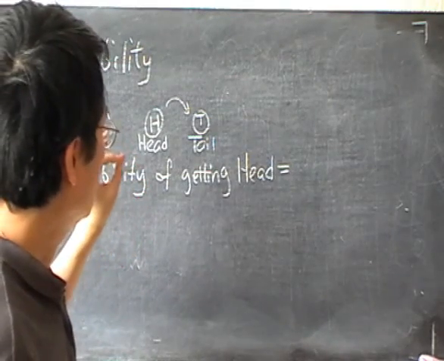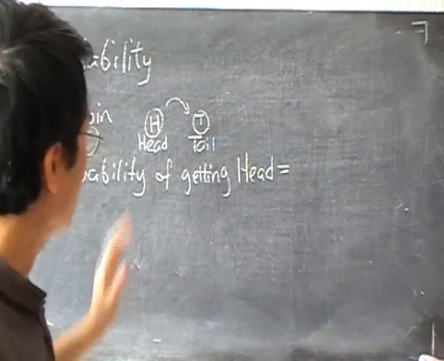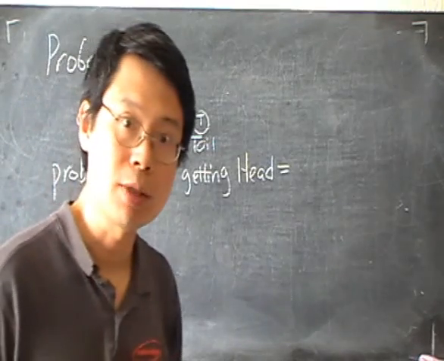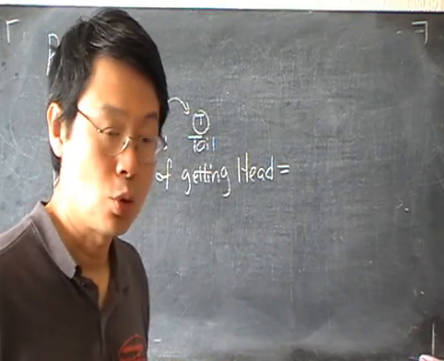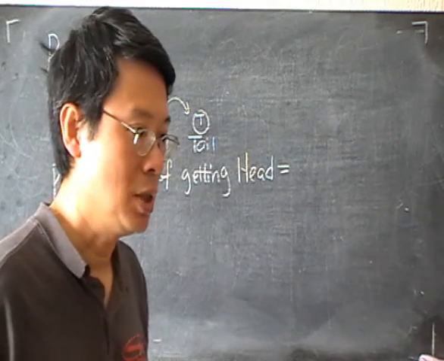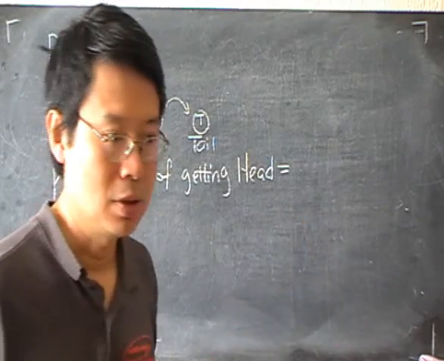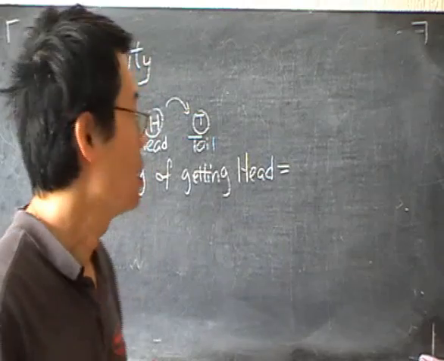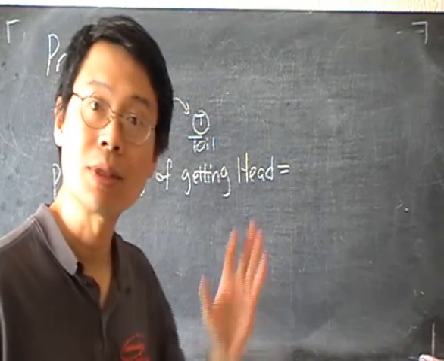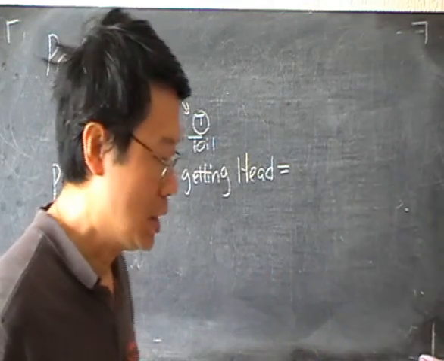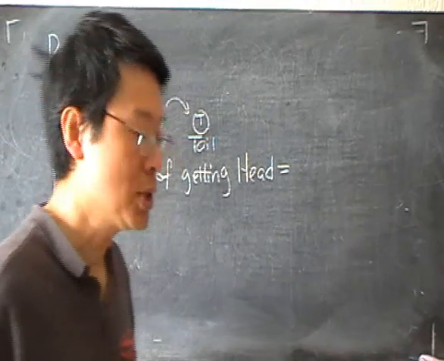Now, assuming that we have a normal coin, nothing special, there is no reason why you're more likely to get a head or a tail. It's not as if one side might be heavier than the other side and come down first.